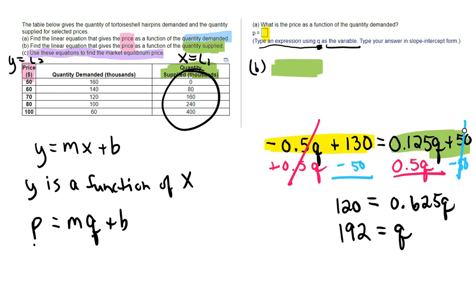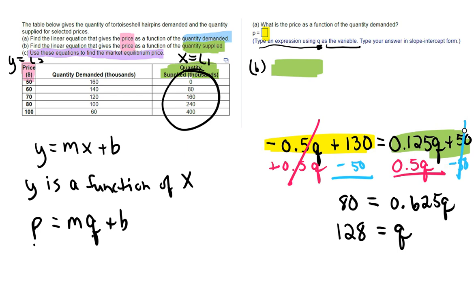I don't know. Something's blowing my mind. Did I type in something wrong? 130 minus... Oh, Jesus, April. I'm not very good at math. 130 minus 50 would be 80. There we go. I knew something was wrong. This is the second time I've done this problem. Okay, 128. There we go.